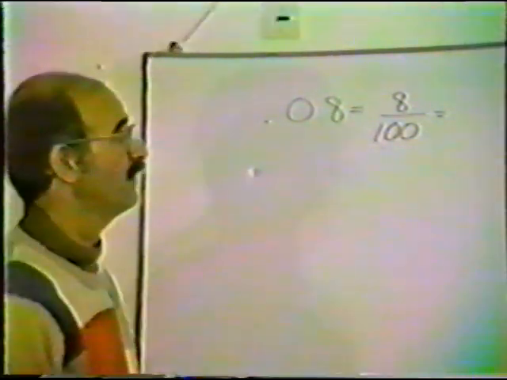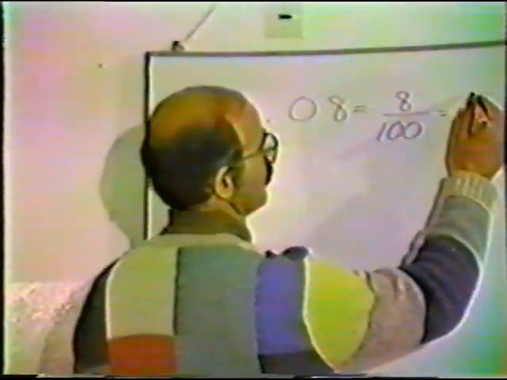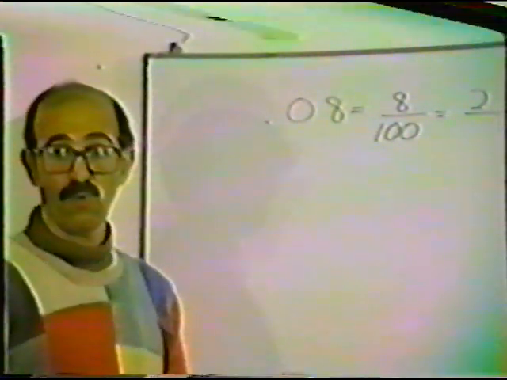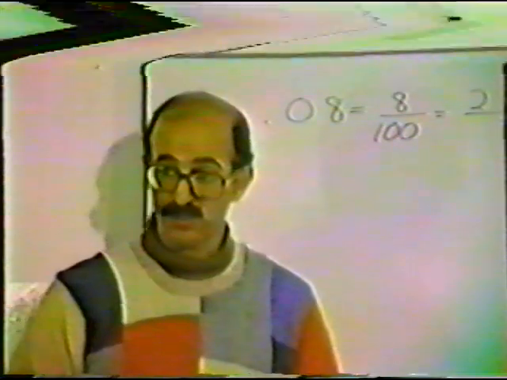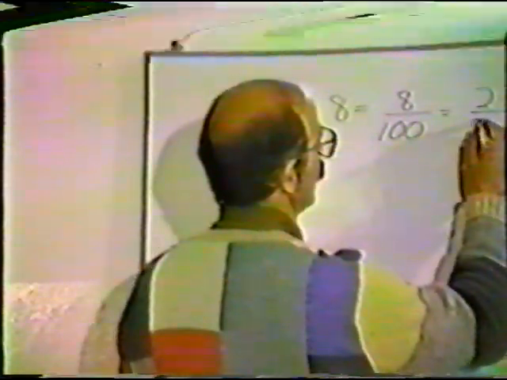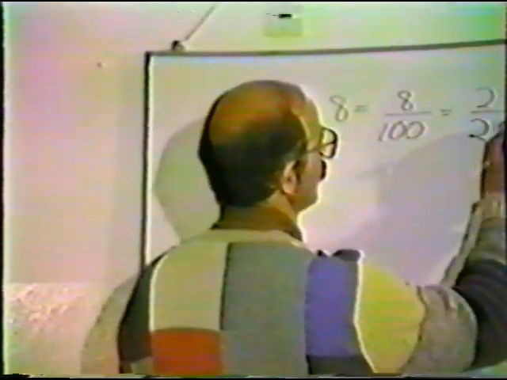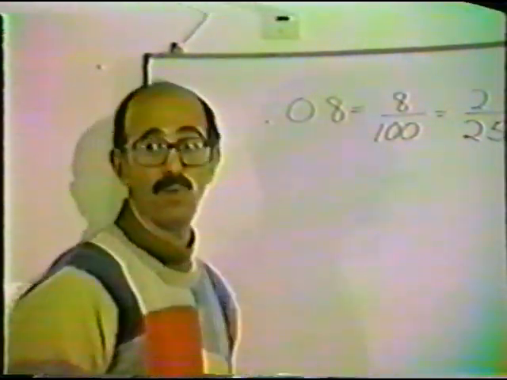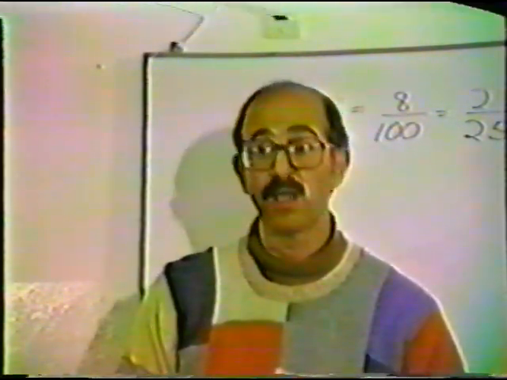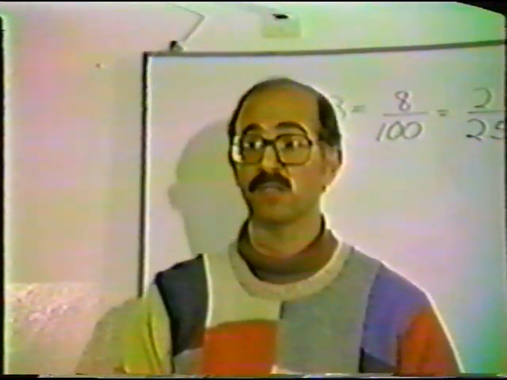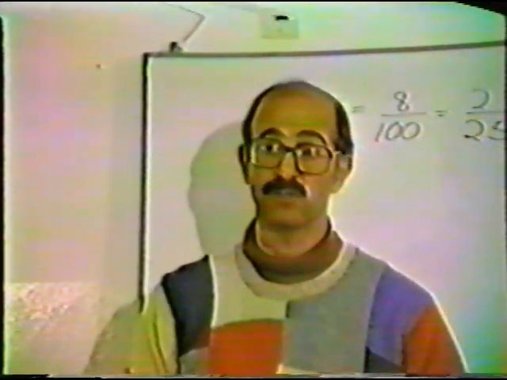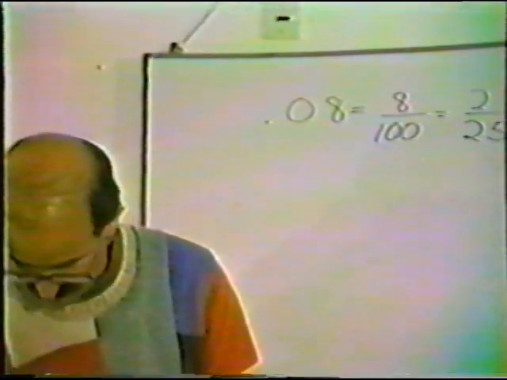We know that 4 goes into 8 how many times? 2. And we should also know that 4 goes into 100 how many times? 25. So 25 times 4 being 100 is something that you should memorize so that you'll know that 4 into 100 is 25 times, and 25 into 100 is 4 times.